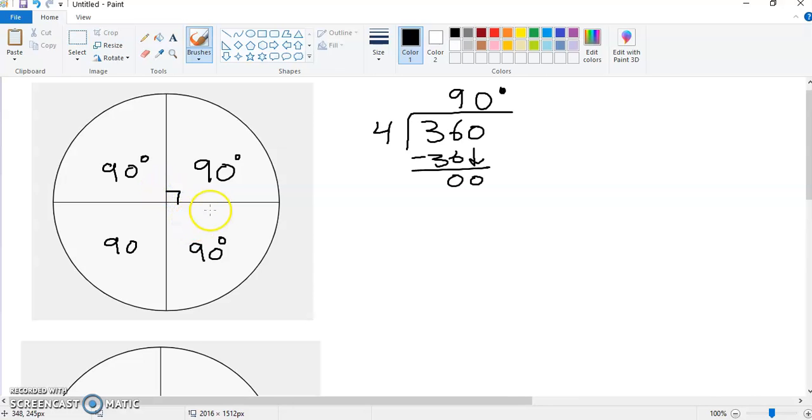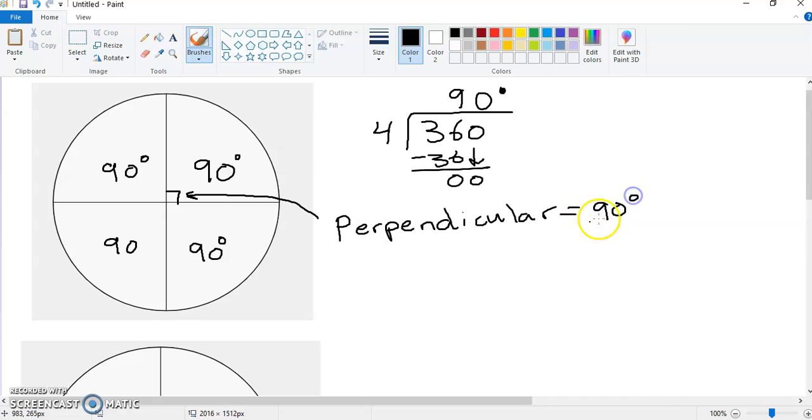Anytime you see that, let me write that word out: if you have perpendicular angles or perpendicular lines, you know that it has to equal 90 degrees. And if you take this 90 degrees plus this 90 degrees, you make half a circle, that's 180. So you have 180 up here and 180 down here, and if you add those together, that's 360.